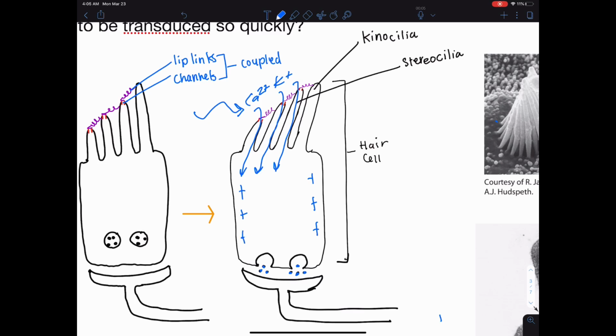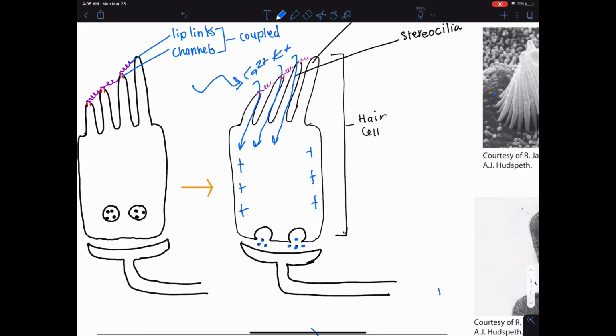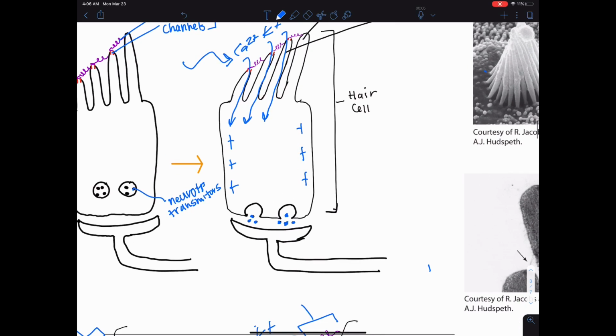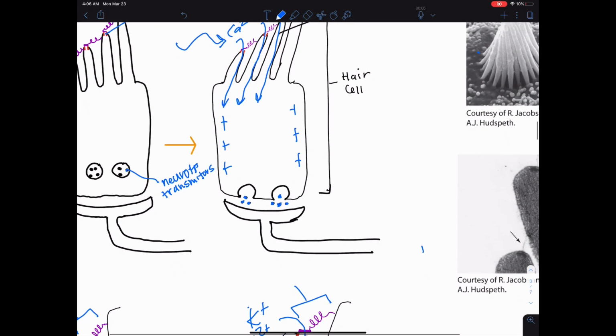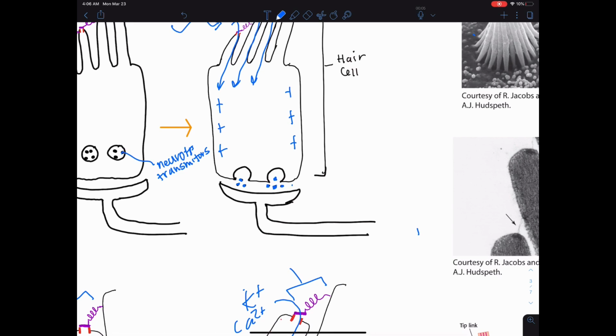When that happens, it causes the binding of these vesicles that are filled with neurotransmitters to fuse to the cell membrane and be released into the synapse.